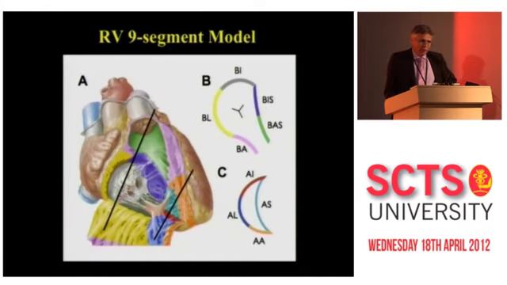And for doing a comprehensive scientific assessment of imaging of the right ventricle, we used a 9-segment model, as already mentioned, with the different segments that are listed. The basal segments here on this level, and the apical segments here.